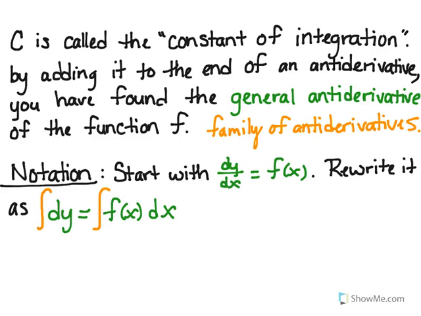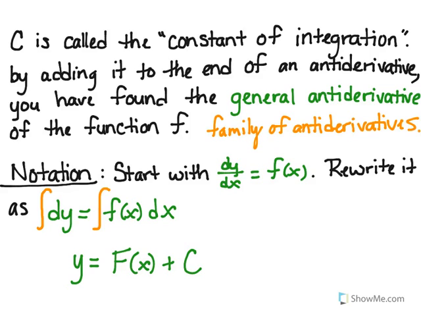So this is going to be y equals. And then the antiderivative of f of x dx is going to be capital F of x plus c, the general antiderivative.